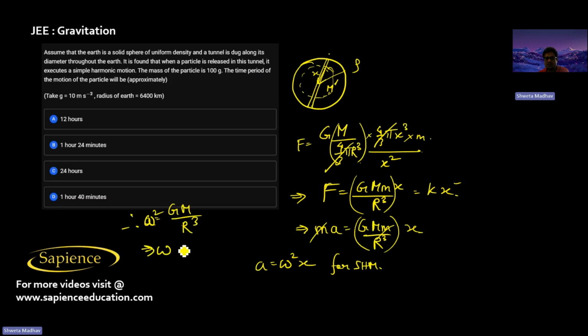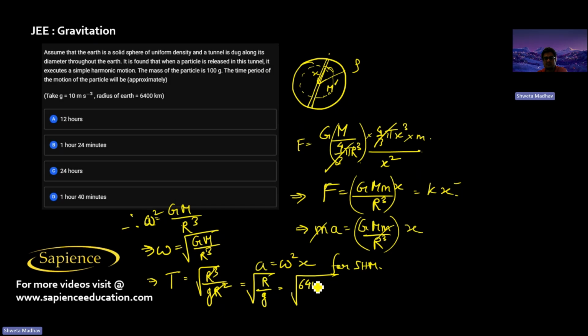Therefore omega will be equal to root over GM by R cube, and time period will be 2 pi root over R cube by GM. And GM is equal to gR square. So that is root over R by g, which is root over R, which is 6,400 into 1000.